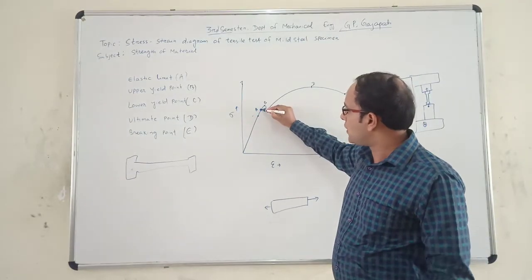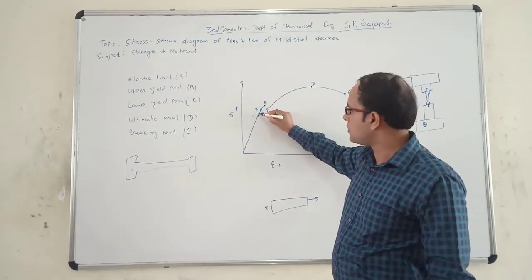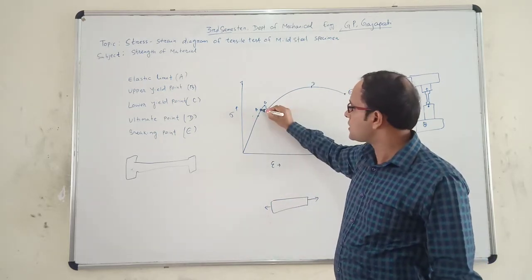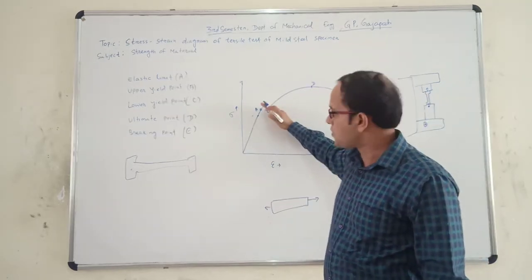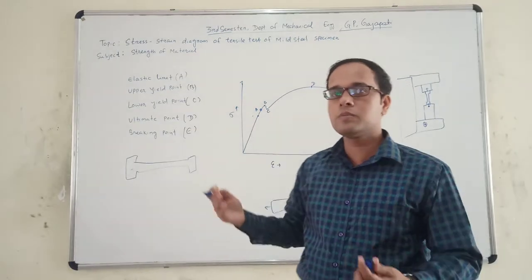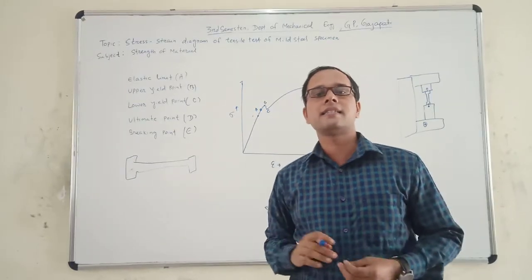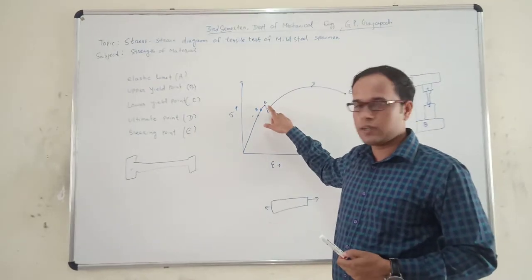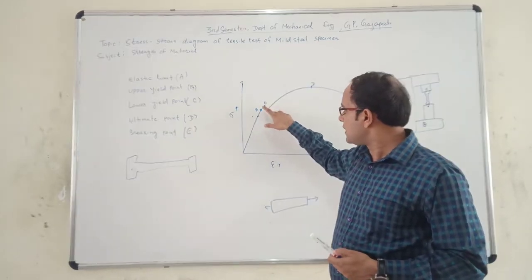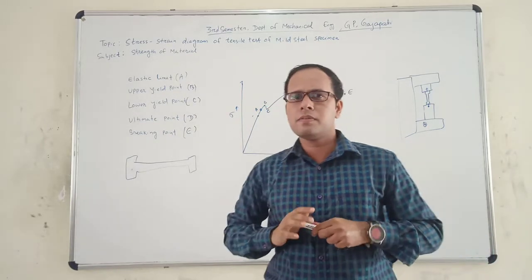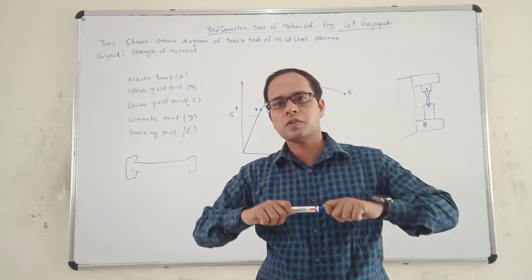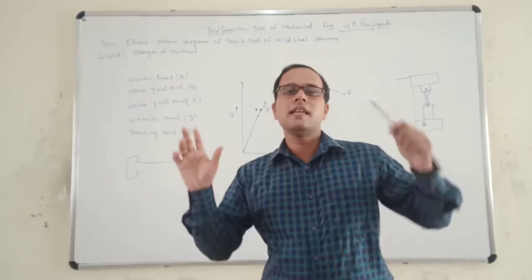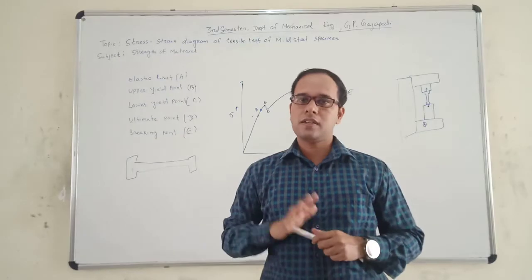So up to this point, whenever I remove the load, it will regain its original shape. This point is known as elastic limit, and beyond that point, if I remove the load, it will never regain its original shape and size, and that is known as the yielding zone. What is the yielding zone? In the yielding zone, even without application of any more force, strain will be there, that means the change in length will occur without application of force.